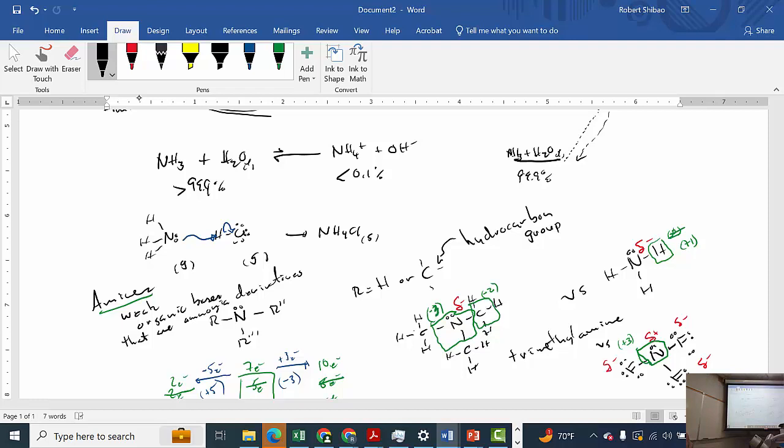There are a lot of drugs that are amines. A lot. One of them is hydroxychloroquine. That's gotten a lot of press lately. The way hydroxychloroquine is supposed to work is it gets into the cell and then changes the pH inside the cell.